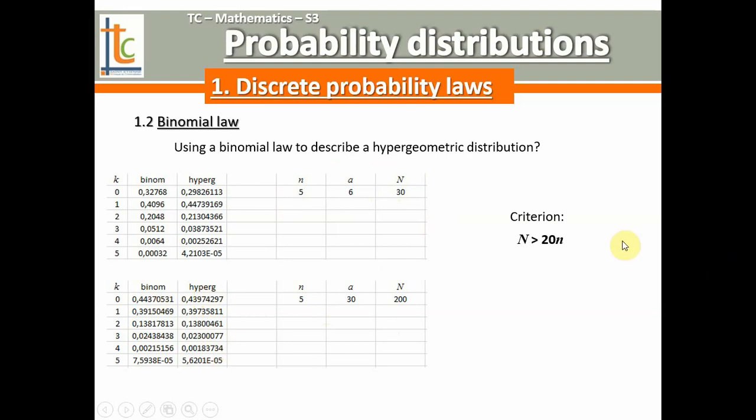It occurs in a lot of examples. If your population is very big compared to the size of the sample, you can use, in any case, a binomial distribution, considering that your probability of success will be approximately always the same. It appears a lot, and the most interesting case for us is the survey.